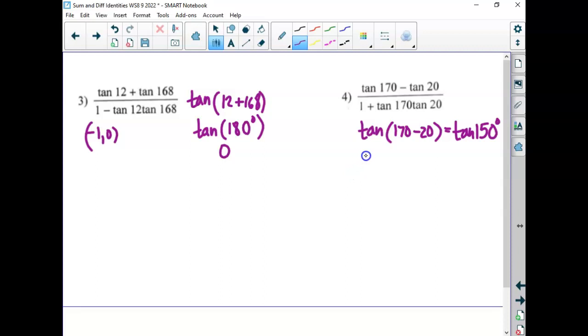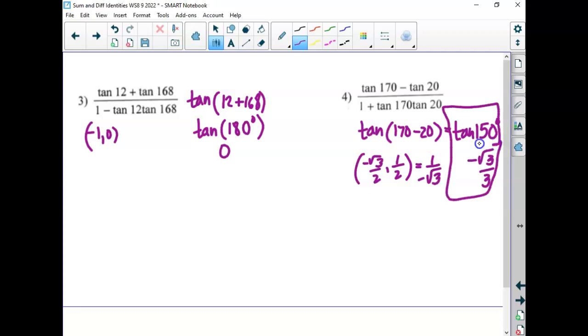The tangent at 150, that was the ordered pair, so the tangent is y over x. Anybody getting negative square root of 3 over 3? Okay, so these are the two things I'm looking for, how you simplified it and then what the value turned out to be.